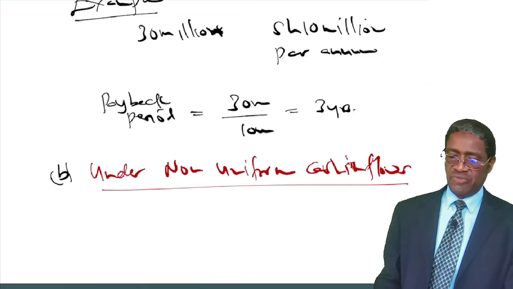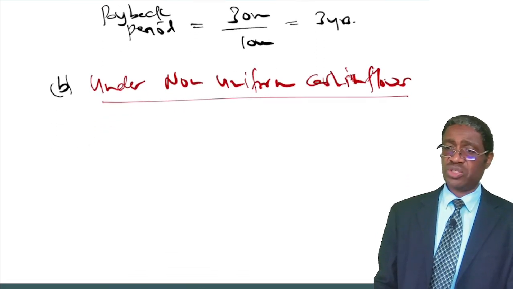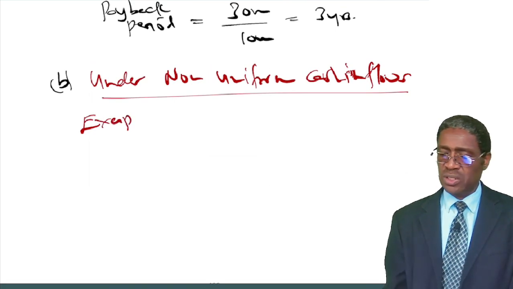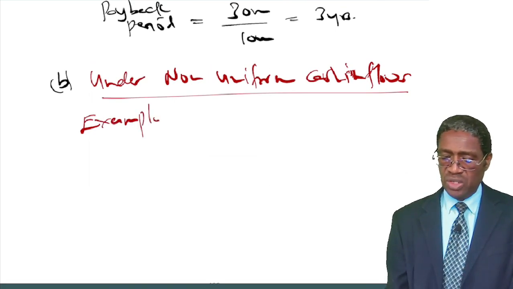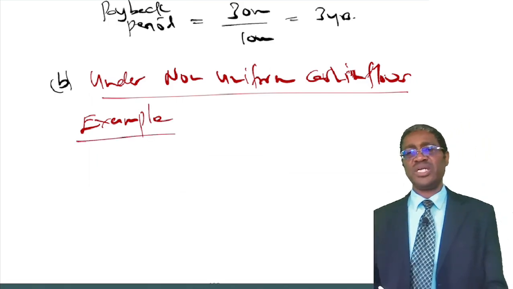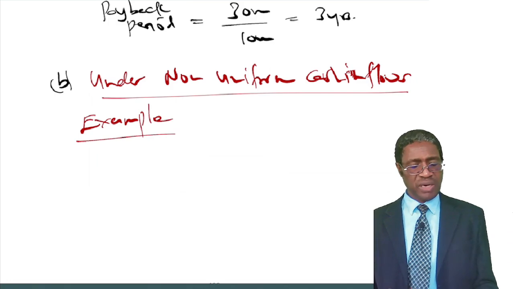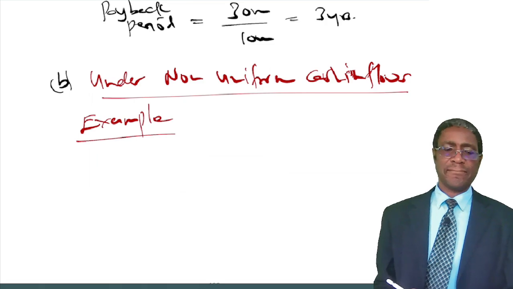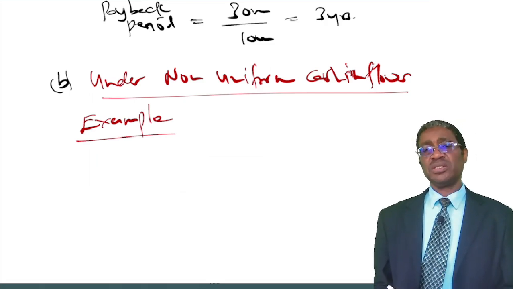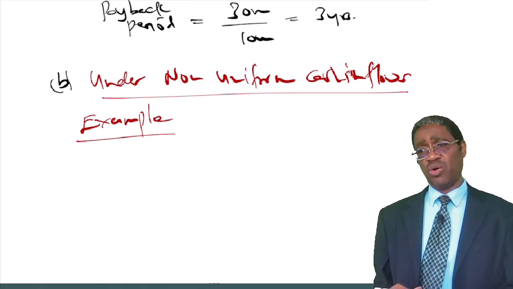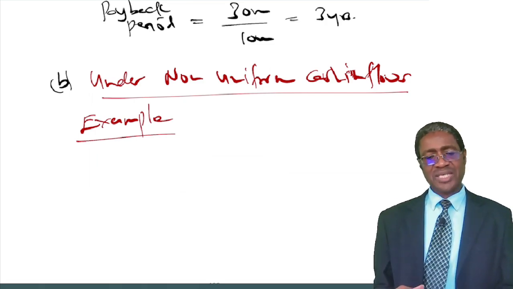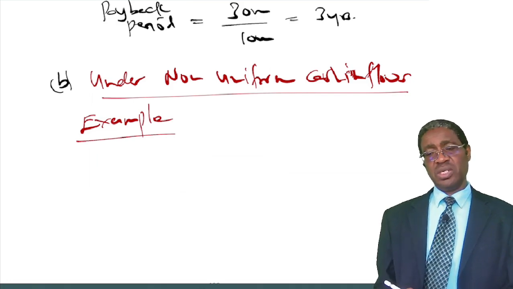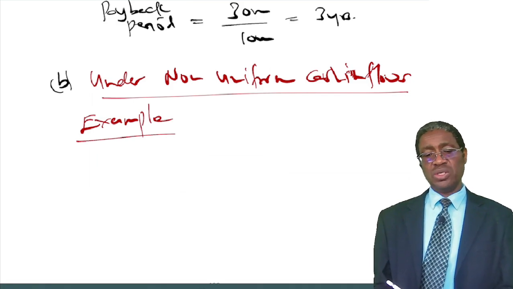Good. For us to put down the formula, let's use an illustration. Write example: a machine has an initial cost of shillings 30 million.